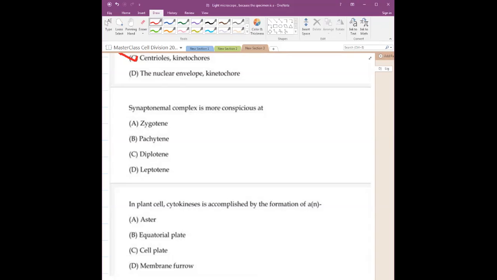Always remember, the synaptonemal complex starts in zygotene. But when does it look the best? It looks the best in pachytene. Guys, this is a catch.